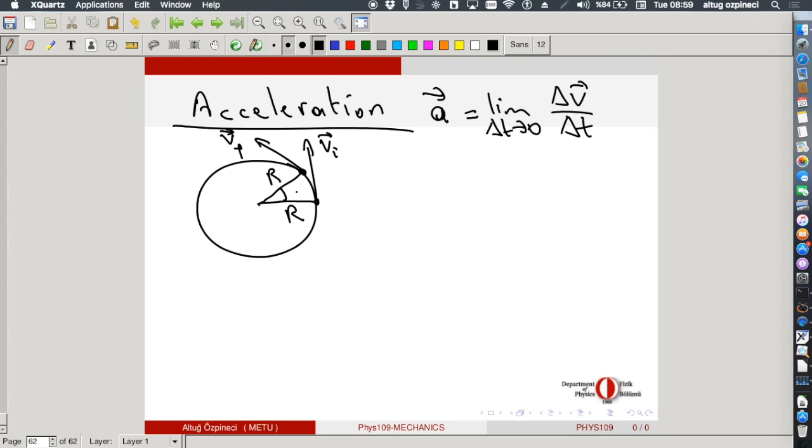And let's again call this angle theta. So how long does it take for my object to move from here to here, assuming the speed is constant? This is called constant speed V0. How long does it take to go from here to there to cover this angle theta?